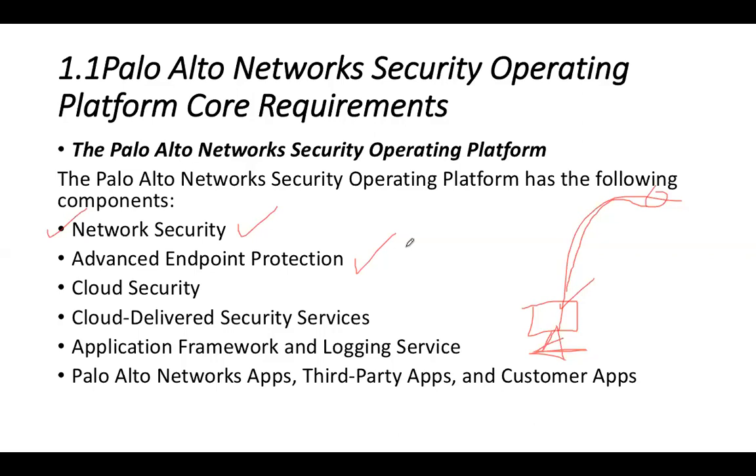There is a difference when you say network security: it means what network is allowed to get in, what network is allowed to get out. That's what it is called. What subnet is allowed, that comes under network security. Advanced endpoint protection, for example: the PC has got the IP 1.1.1.1.